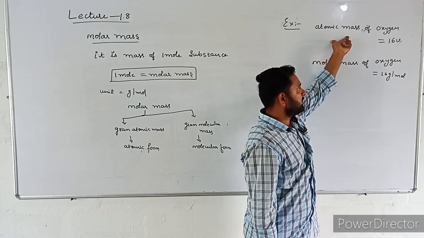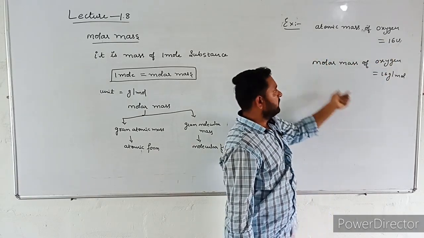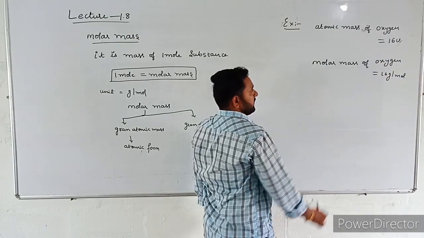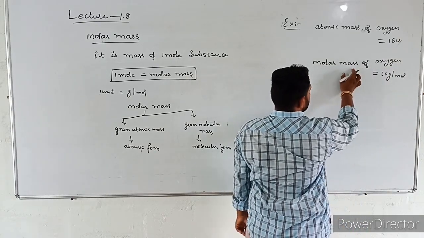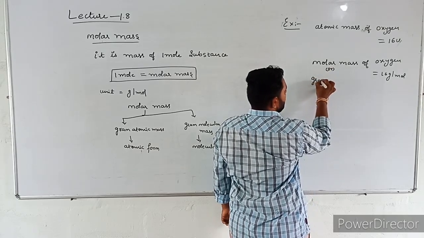For atomic mass we use the unified mass unit. For molar mass the unit is gram per mole. See here only atoms are there. That's why, instead of molar mass, we can also call it gram atomic mass.